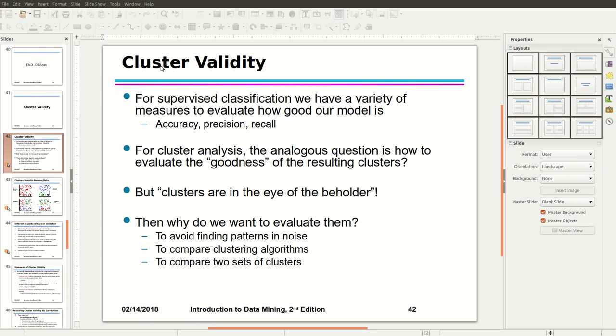Now this is checking how well I did. It's similar to a confusion matrix, almost, but not quite. I'm hoping that each cluster will contain only one topic, but obviously that's not going to be perfect.